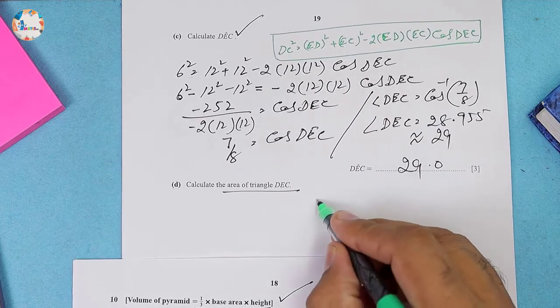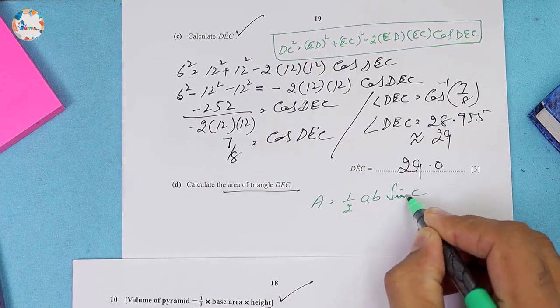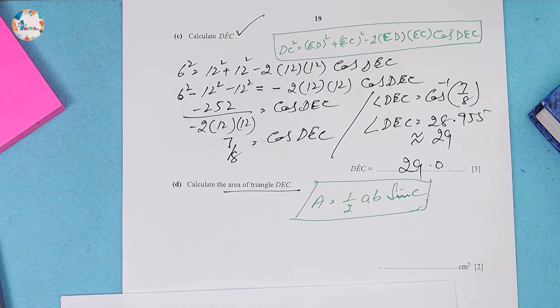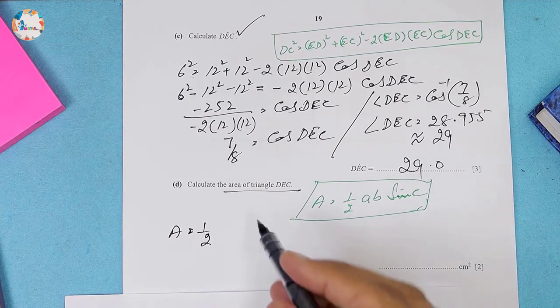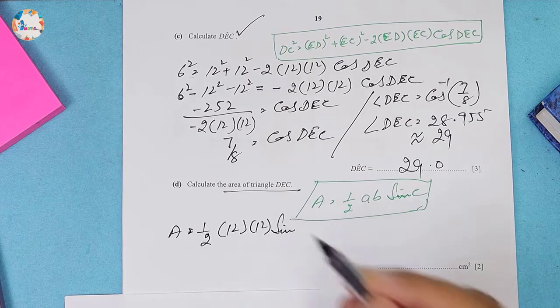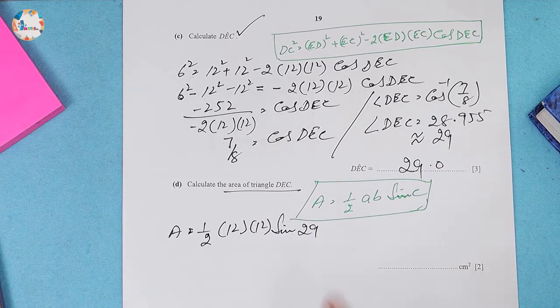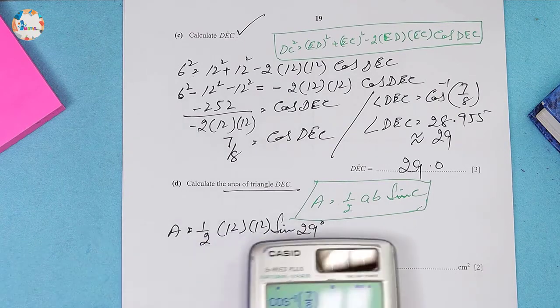Area is equal to half ab sine C. So area will be equal to 1 by 2, then a and b we can take as 12 into 12, and sine of the angle which we just found, 29 degrees. So this will give us the area calculation for this triangle.